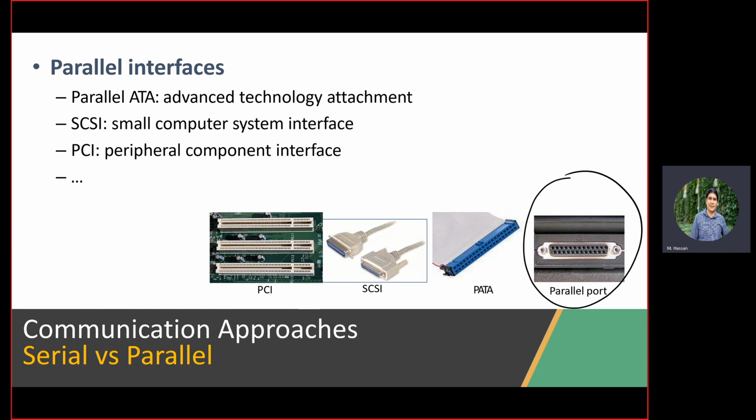You have seen that? Okay, because those ones got extinct even before the serial port. So this was also very common in desktops before. There is the PCI among the parallel interfaces. And this is the lesson that we're trying to learn here. We have covered some of the serial protocols and the parallel ones.